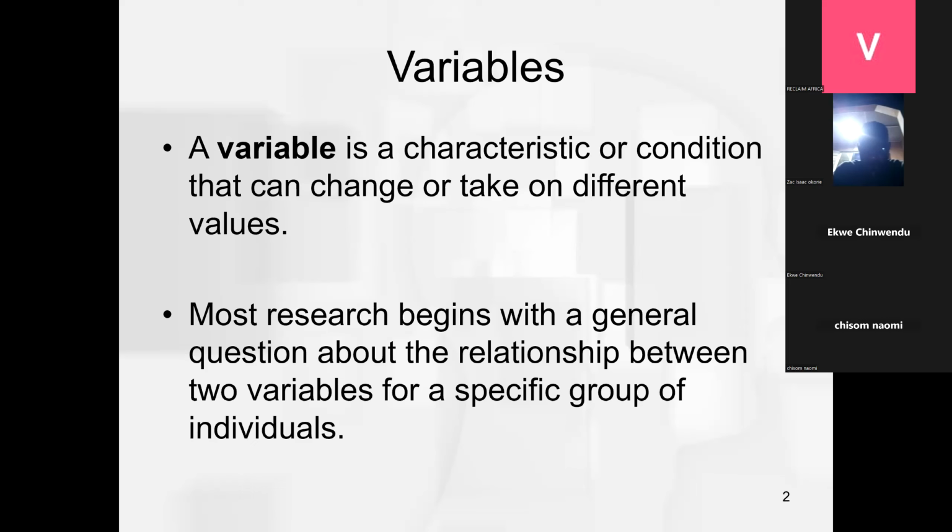I said statistics is essentially the study of a population. You want to study the characteristics of the population, the various attributes of the population. These attributes are what we refer to as variables.